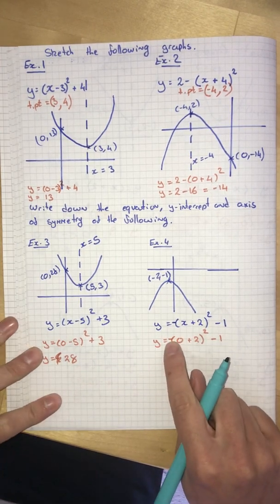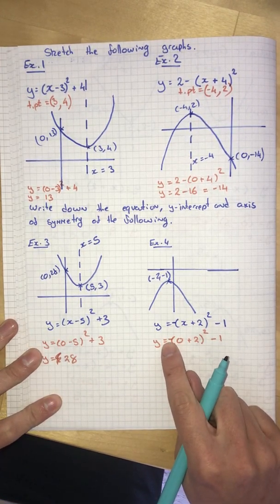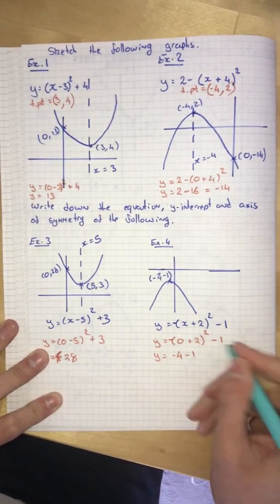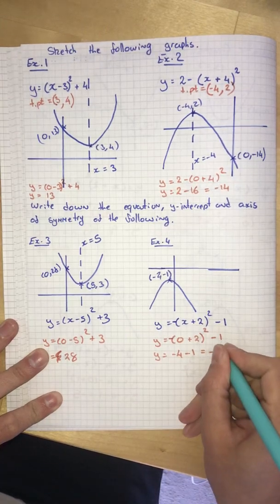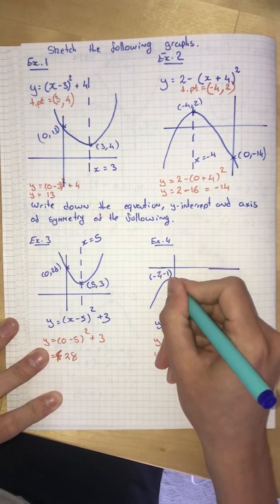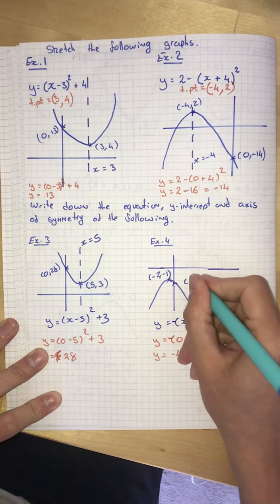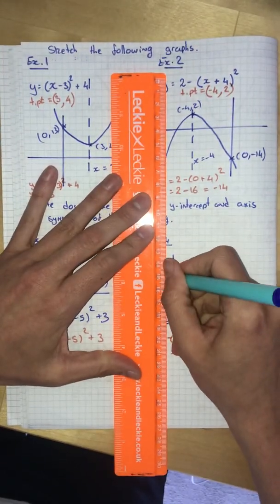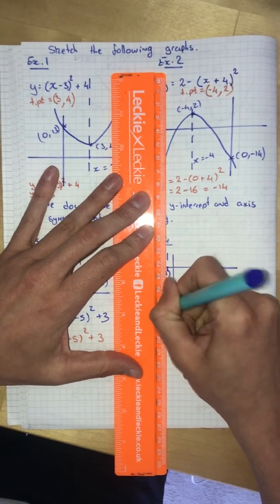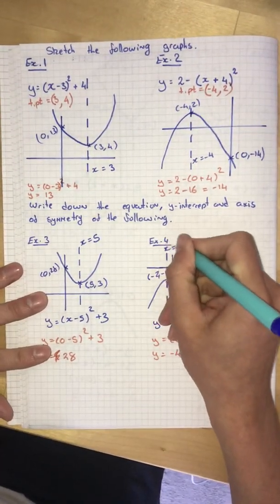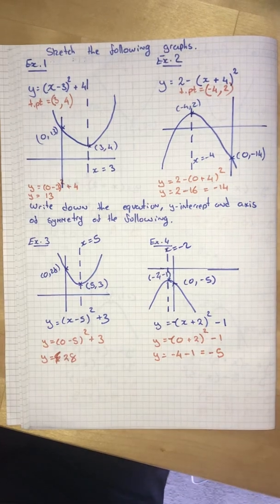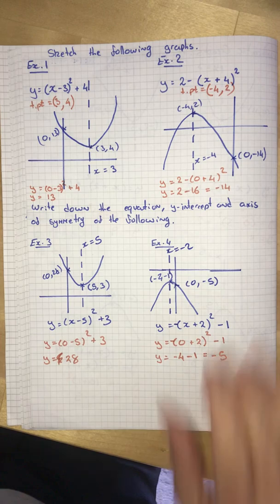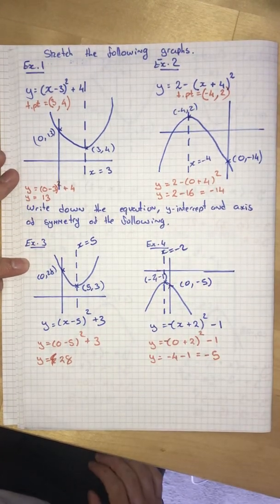But then there's a negative outside the brackets. So it actually ends up being negative 4. Minus 1. Negative 5. So we end up with that being 0, negative 5. And then the axis of symmetry being the graph of the equation x equals negative 2. Okay? So that was quadratic graphs in completed square form.